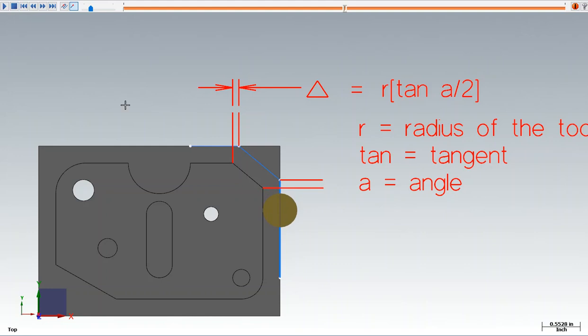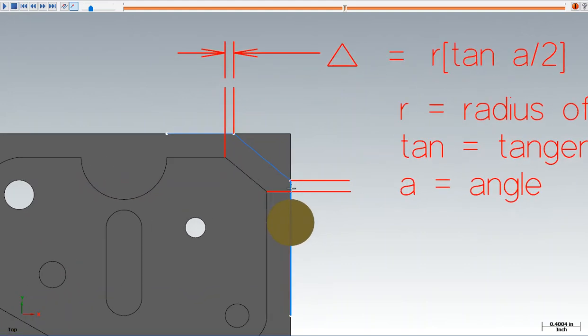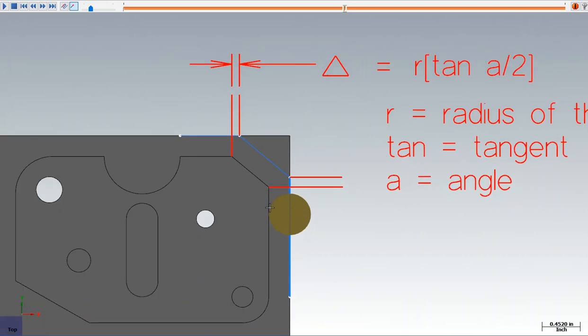But notice that the delta value is always going to go into the angled portion of the cut, right? So it's always going to be in there. It's never going to be on this vertical or horizontal. You're never going to shorten that portion of the cut. It's always going to extend past that corner. Even though you're going this direction, it's still going to be up here.